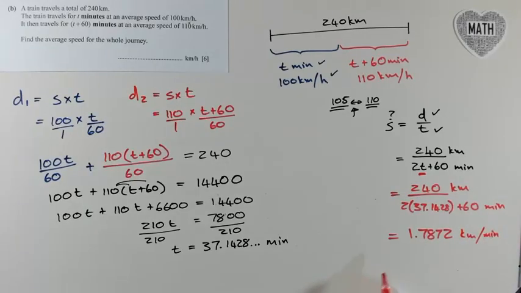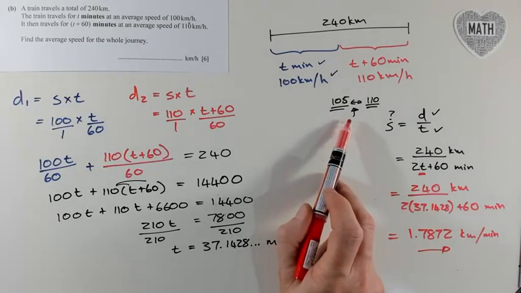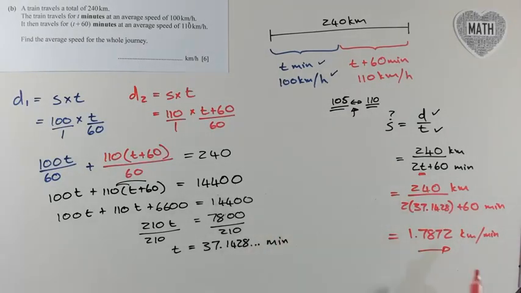Now, if you didn't pay attention, because it's easy to get swooped up in a question and doing all these equations and thinking, oh, that's the answer. But that answer doesn't really make sense because it has to be obviously a much higher number. So this is kilometers per minute. And in order to get kilometers per hour, I'm just going to have to multiply this by 60.